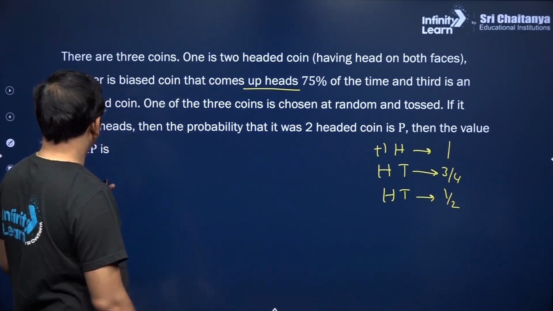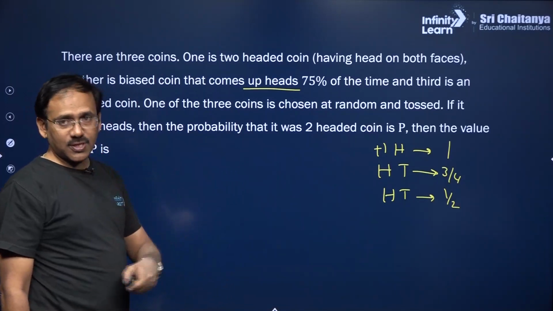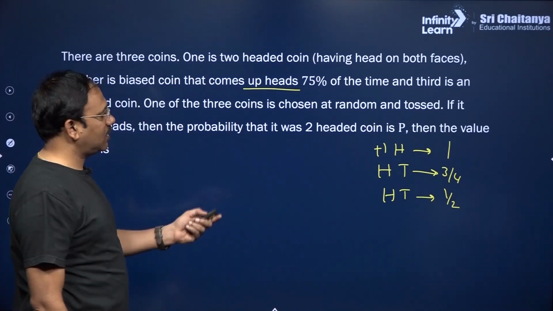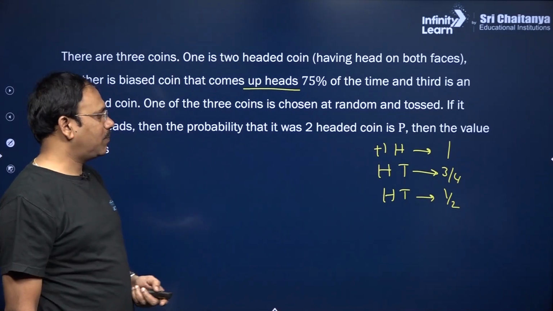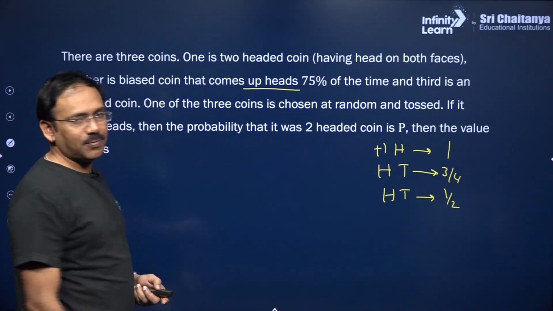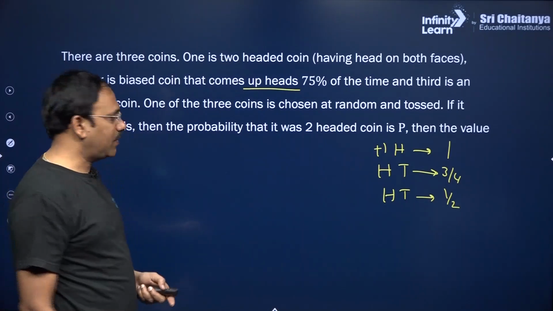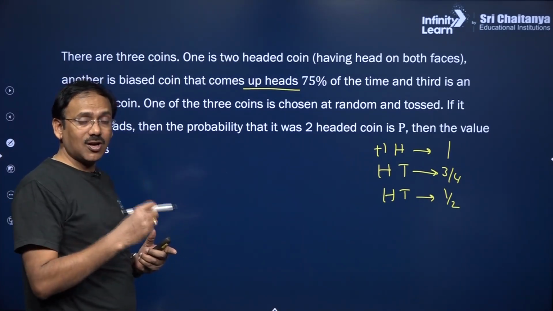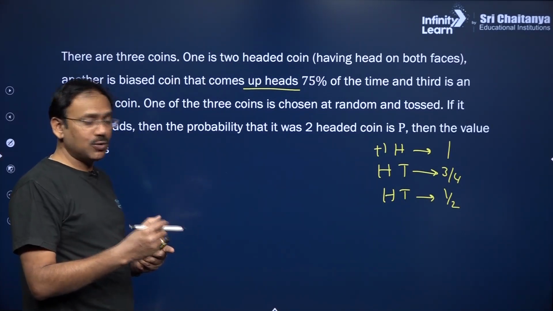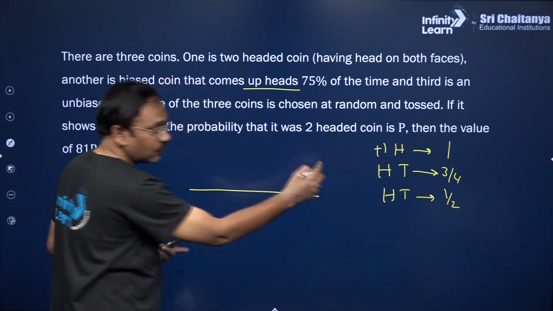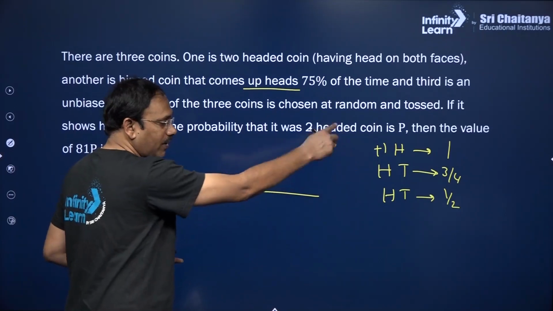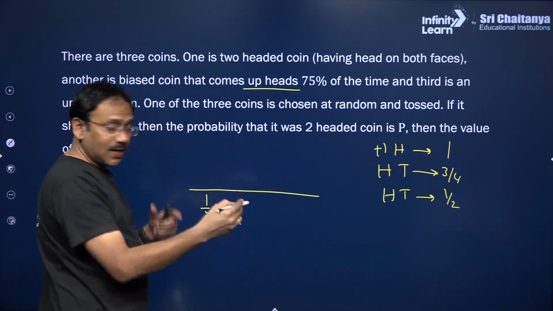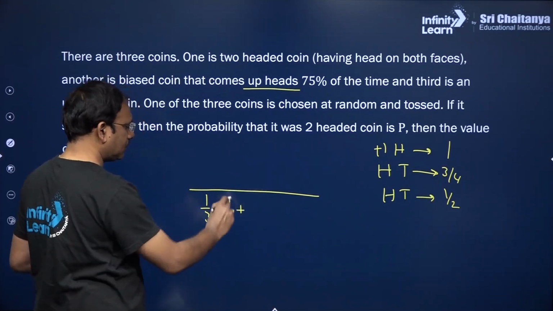Now, one of the three coins is chosen at random and tossed. If it shows head, then the probability that it was the two-headed coin is P, then find the value of 81P. You see, my dear friends, Bayes theorem application. Total probability theorem. What is the chance that if a coin is taken and tossed, it shows head? You see, when you pick up a particular coin out of these three, the chance of getting this coin is 1 by 3, then getting head probability is 1.